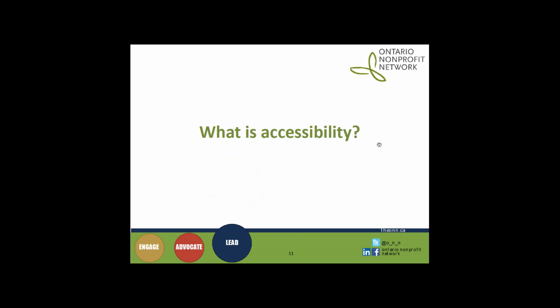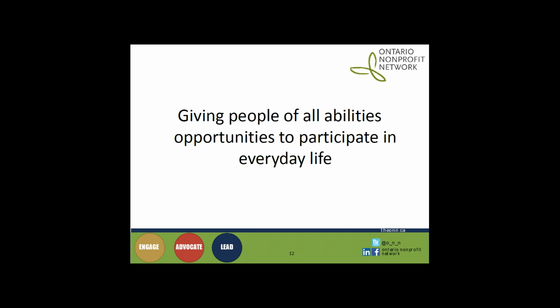Now, accessibility can mean lots of different things to many different people. So when we talk about accessibility in the context of the AODA, what are we talking about? Here we're talking about giving people of all abilities an opportunity to participate in everyday life. So it's really more than just ramps or automatic door openers.